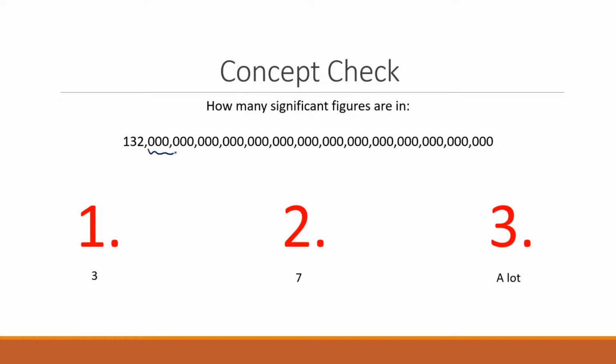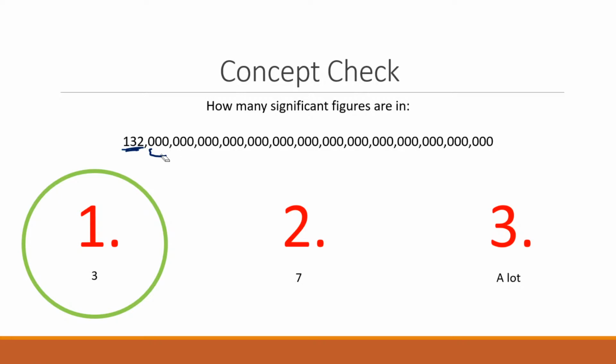But all of these are trailing zeros. Trailing zeros only count as part of the measurement if there is a decimal point here. And there is not a decimal point here. Which means that the correct answer to this question is 3. There are 3 significant digits here, the 1, the 3, and the 2.